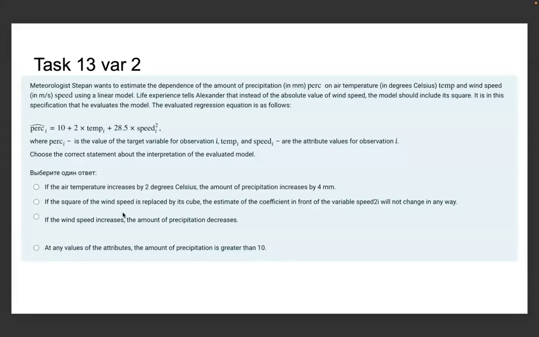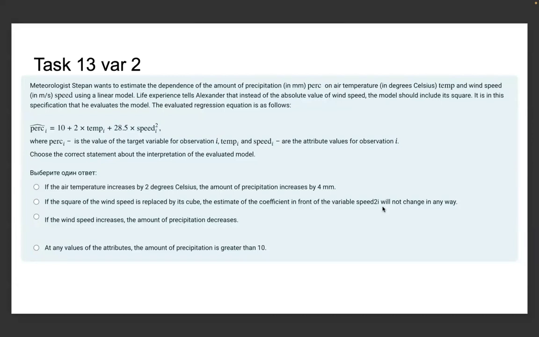In the square of the wind speed, E is replaced by its cube. So this square of speed will be replaced by the cube. The estimate of the coefficient in front of the variable speed will not change in any way. So we cannot discuss the coefficient, because we changed the formula, and because of this, we have to change the whole formula.